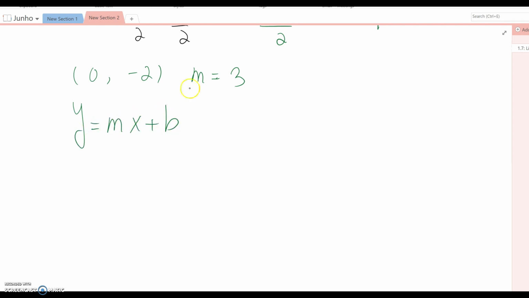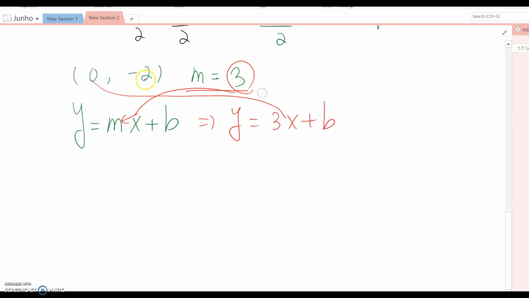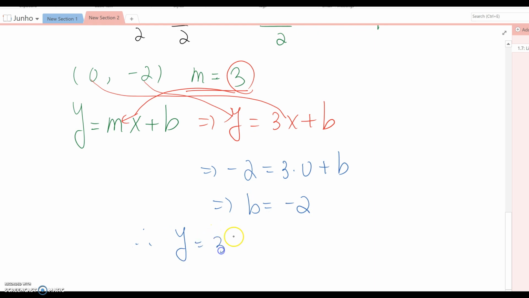Yes, we have 3 here, so you replace this into here. Then this becomes y equal to 3x plus b. Then plug 0 into x and negative 2 into y, and you can find b. So negative 2 equal to 3 times 0 plus b. Therefore, b equals negative 2. So the complete equation becomes y equal to 3x minus 2.